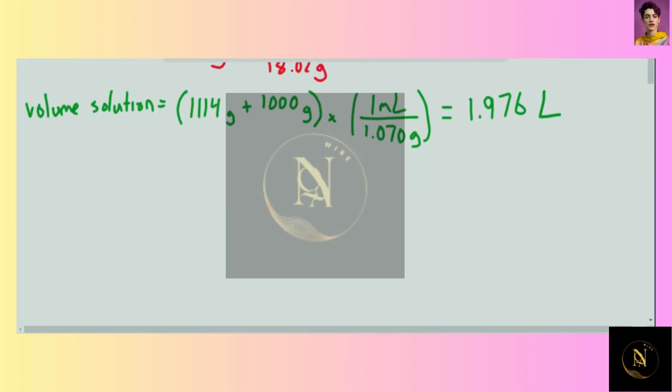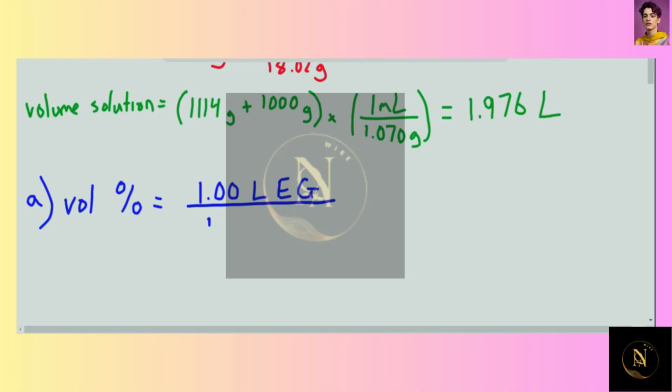So the first concentration that we need to calculate in terms of ethylene glycol is volume percent. This is equal to the volume of ethylene glycol, which we assumed as 1 liter, and then the total volume of the solution is 1.976 liters, which we just calculated.